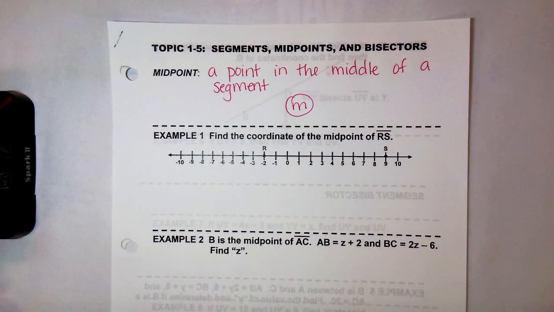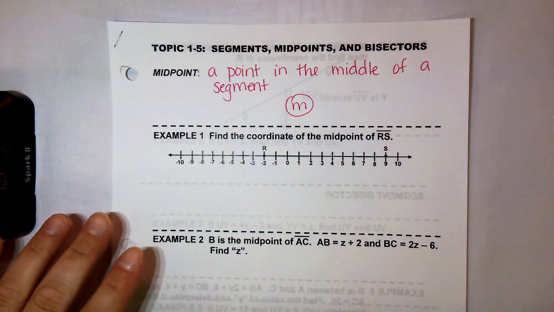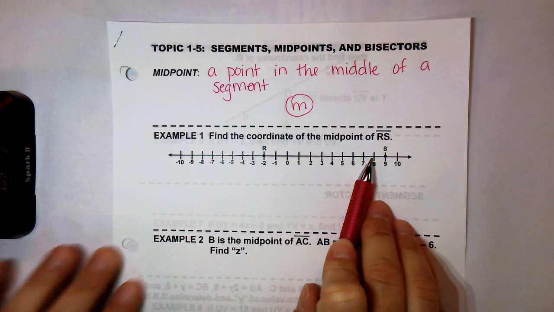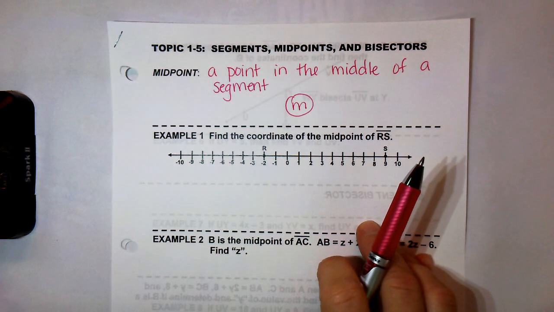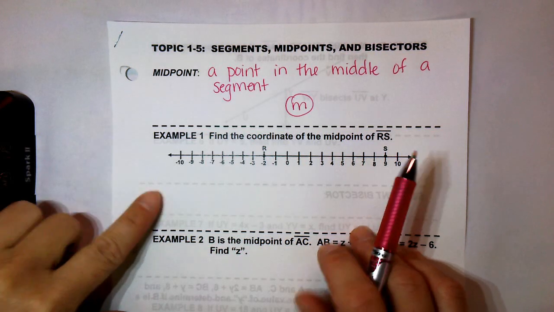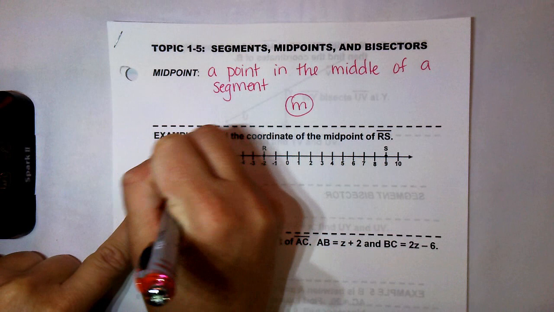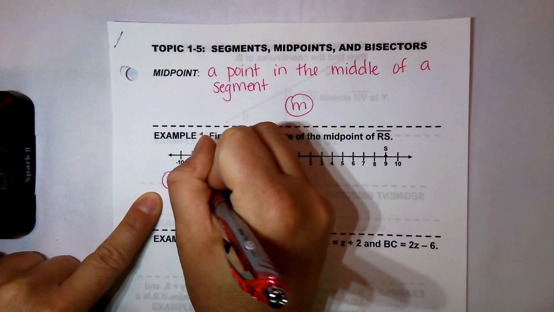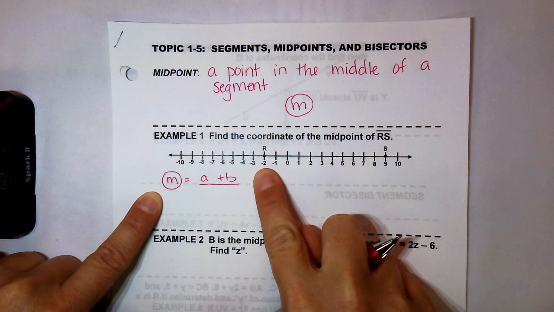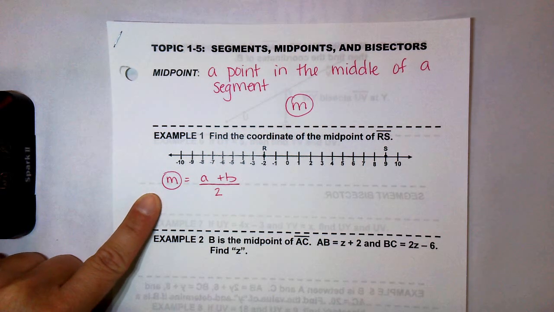But if it's in a coordinate plane, there has to be an X and a Y. This is a number line. On the back board, I labeled number line, and then I have D equals and M equals. This one's the M. This is where I add A plus B, so I'm adding those endpoints, and then I'm dividing by 2.